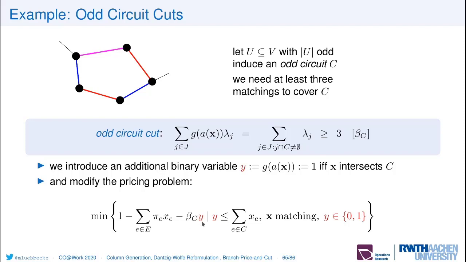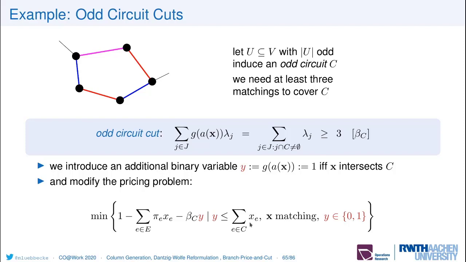Now we have to ensure that the variable y follows that interpretation. And here is a constraint. So this is ingenious work, so you shouldn't see that at once. I'm trying to explain this to you. This is the y variable saying that the matching intersects that cycle. And here are the variables of all the edges in that cycle. This means the variable can be 1 only if I select at least one edge from that cycle in the matching.